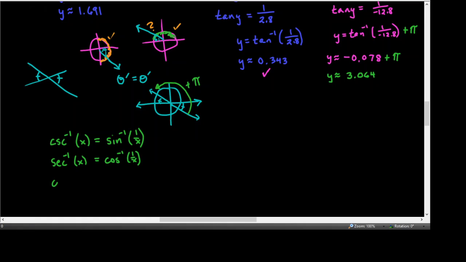And if we want to do cotangent inverse of x, there are two possibilities. This is the weird one, and you're going to have to remember this is strange. You're going to type tangent inverse of the reciprocal of your number whenever x is positive.